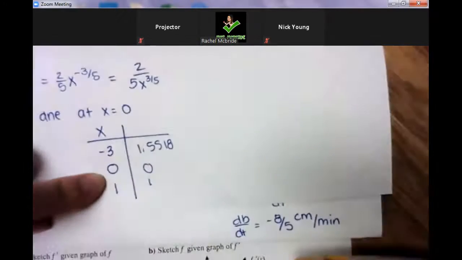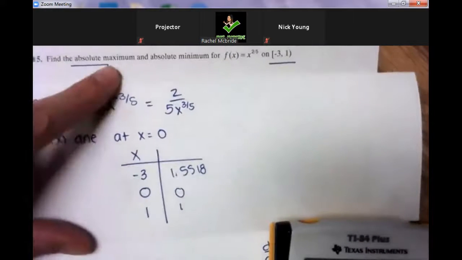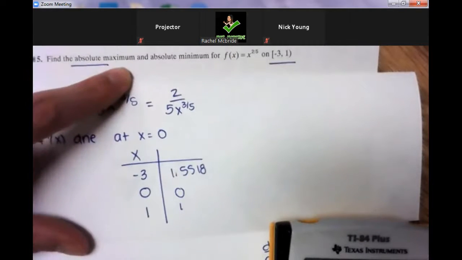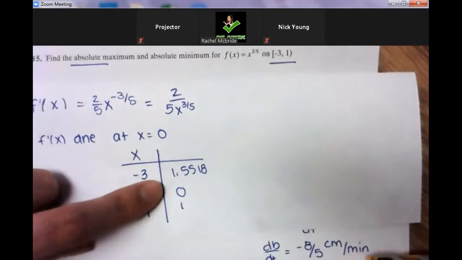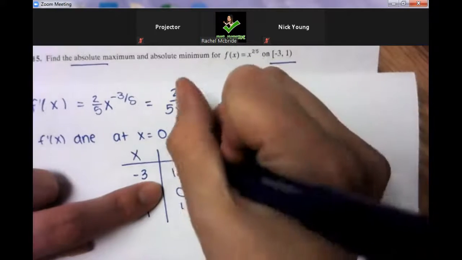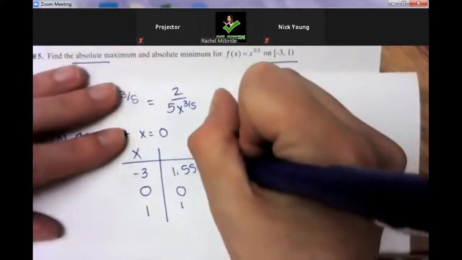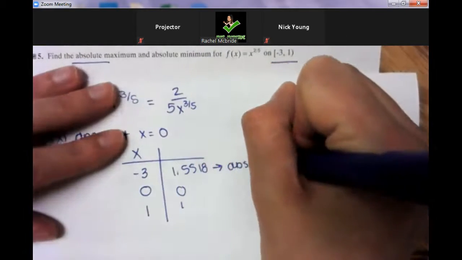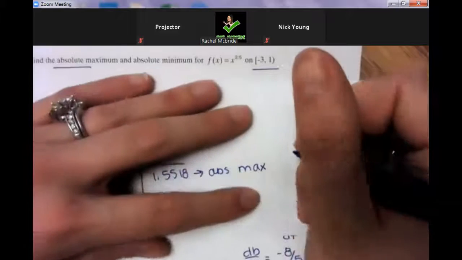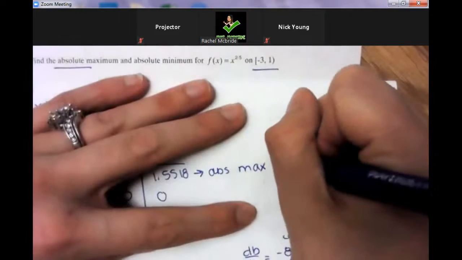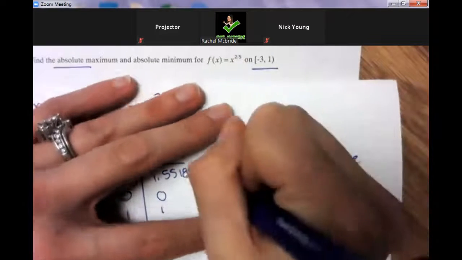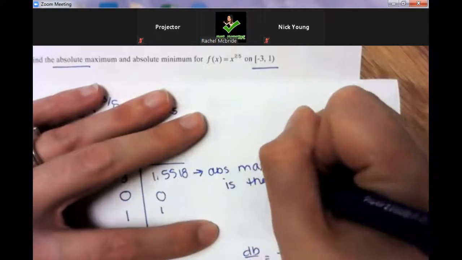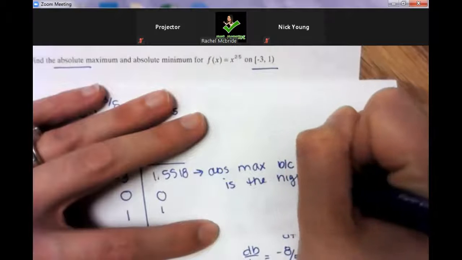We are asked for the absolute max. So we'll notice that the highest point on here is at -3. So this is my absolute max. And the reason is because the y value is the highest among my critical points.